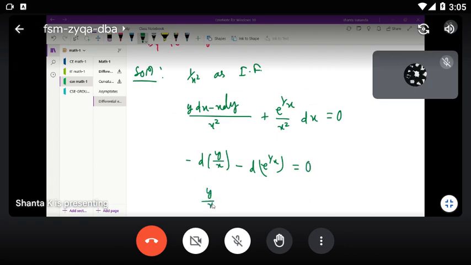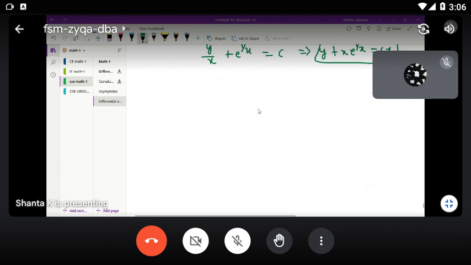This is y by x, and here plus e power 1 by x equals constant. Or further, you can write it e power x. Okay, so this is how you can answer. Okay, by inspection, you can look at this.